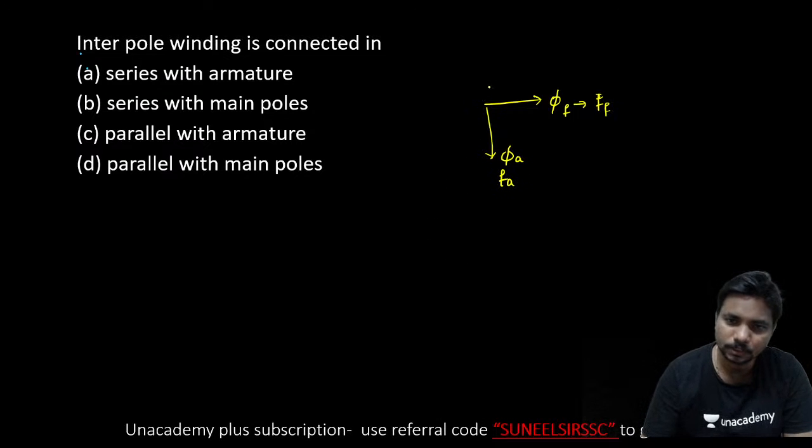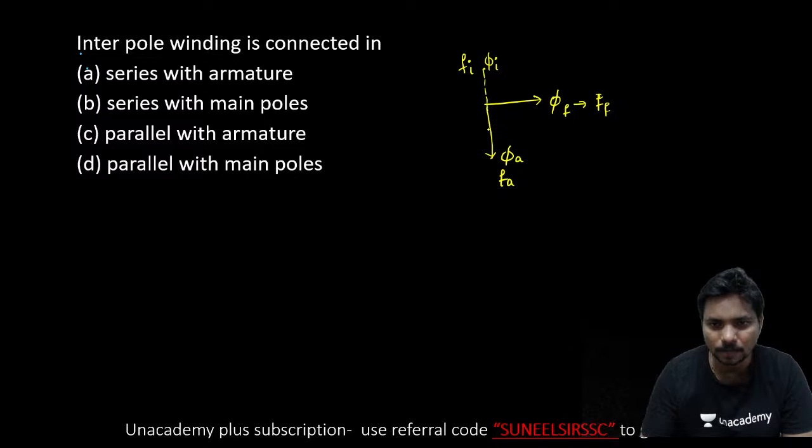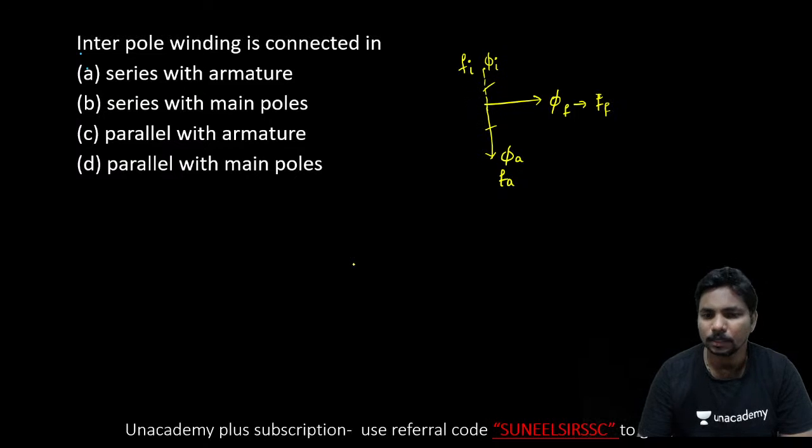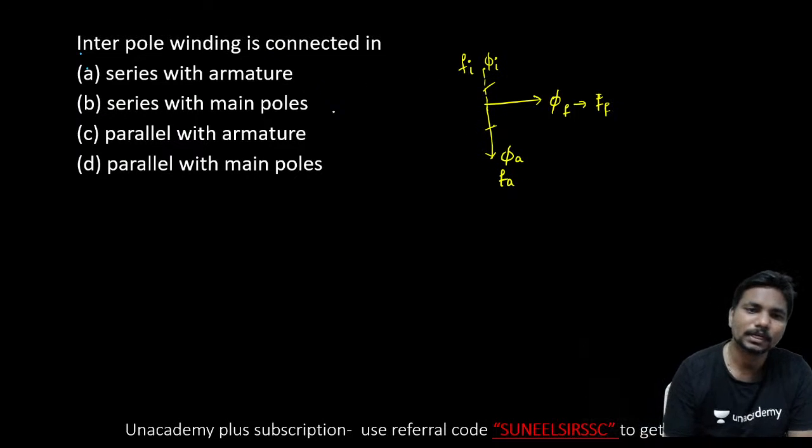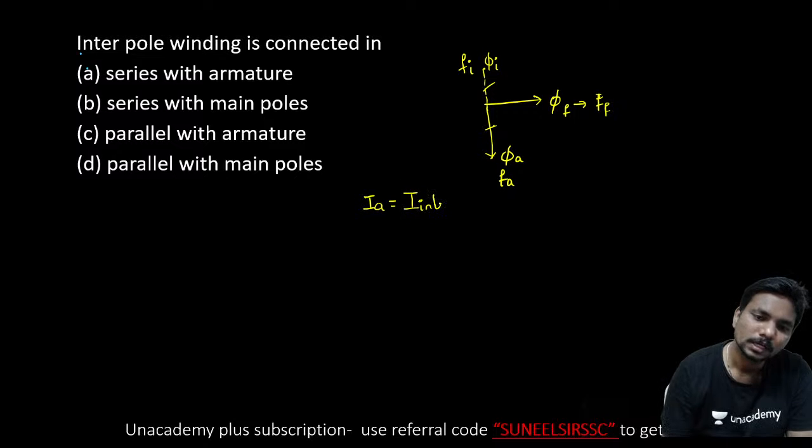To reduce that, we connect interpoles. So this is the interpole flux, or interpole MMF. That must be opposite to that of the armature. So whatever current flows through the armature, the same current must flow through the interpole. To get this, we have to connect them.